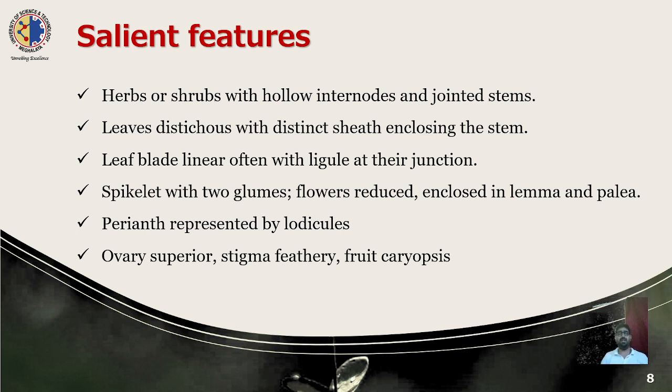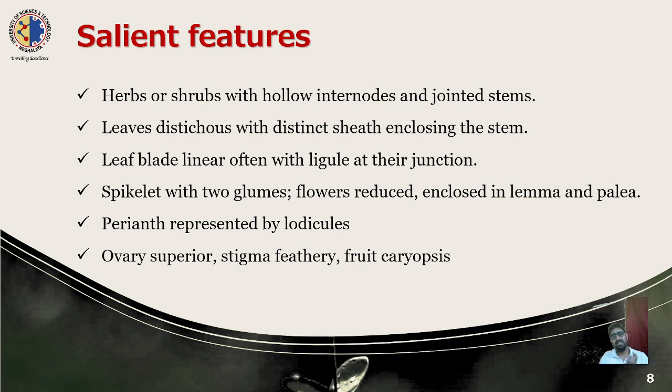The species in this family are mostly herbs or shrubs. They have hollow internodes and jointed nodes, or jointed stem. This is the characteristic feature of this family.